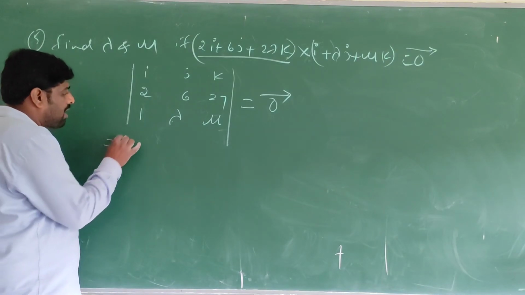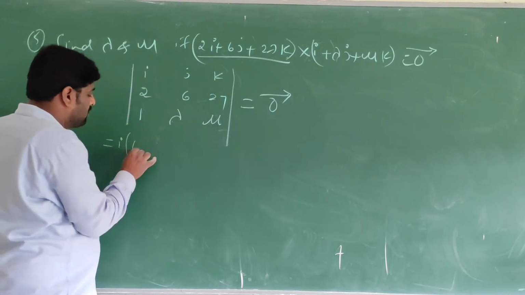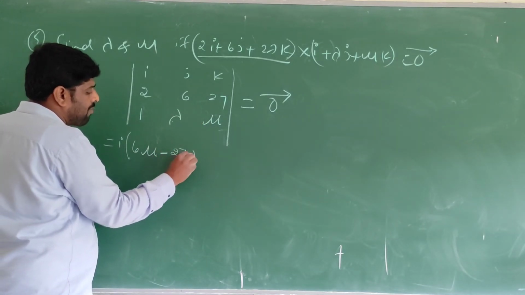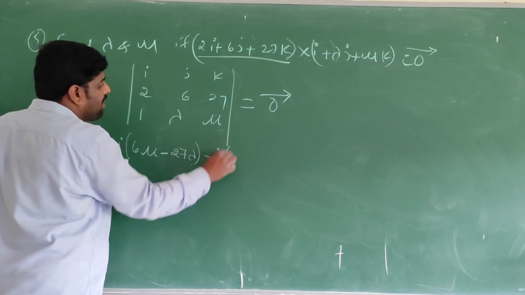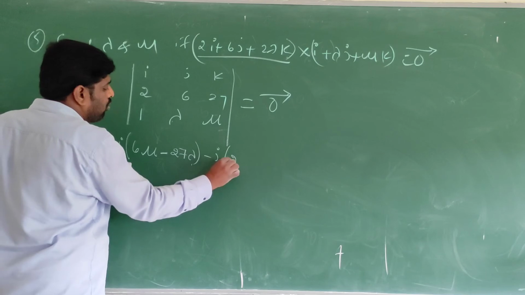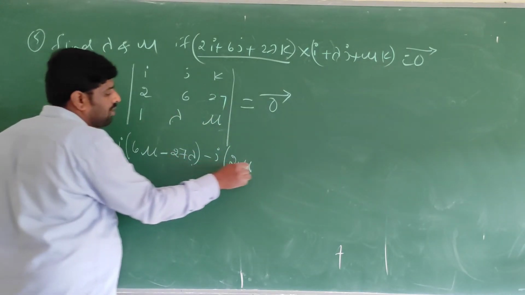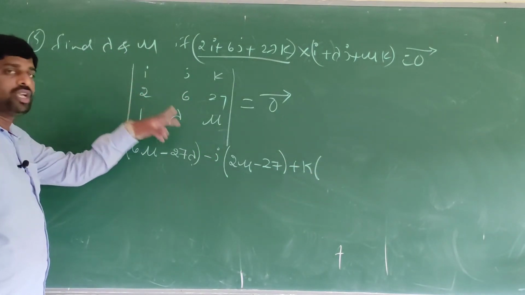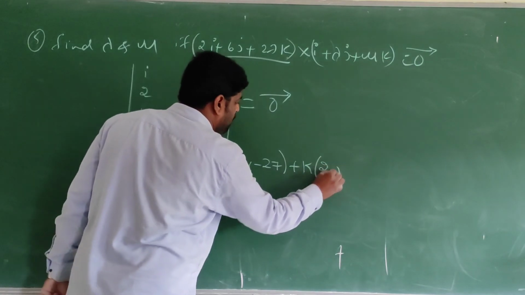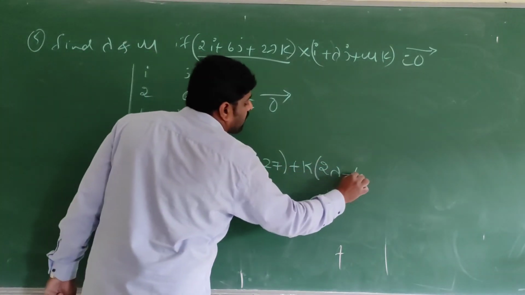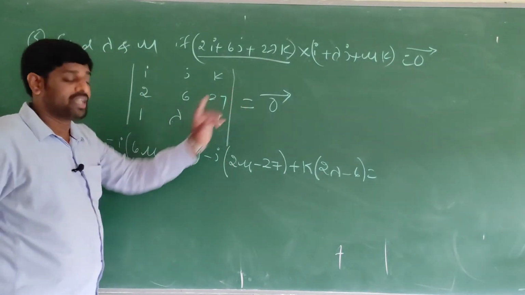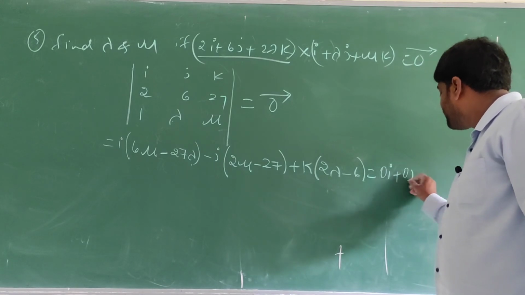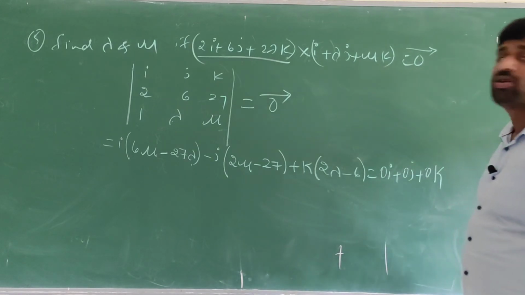The 0 vector is nothing but 0 only. That is i into (6 mu minus 27 lambda), minus j into (2 mu minus 27), plus k into (2 lambda minus 6), equals the 0 vector, which can be written as 0 i cap plus 0 j cap plus 0 k cap.